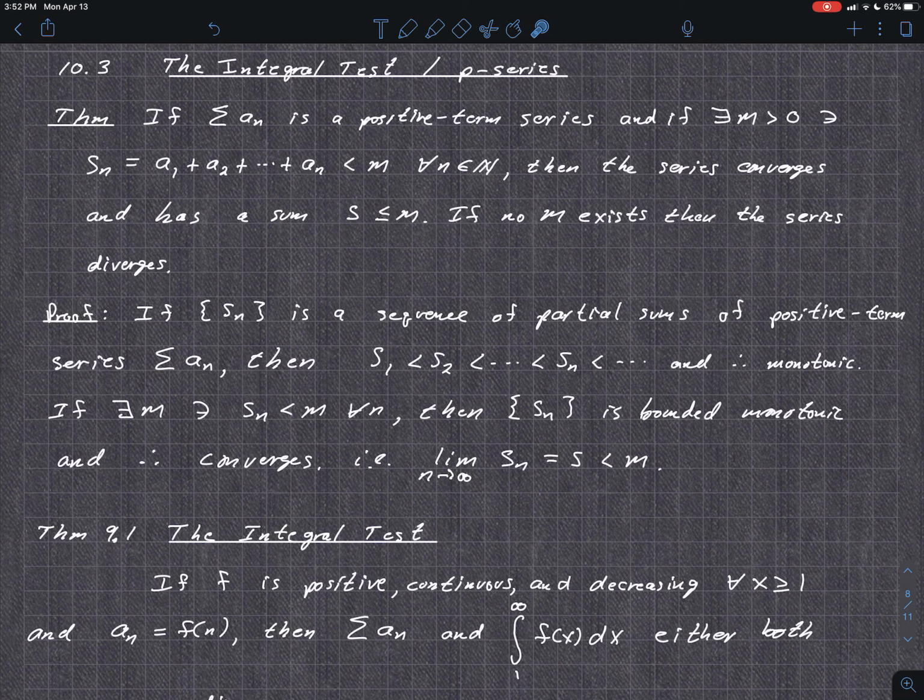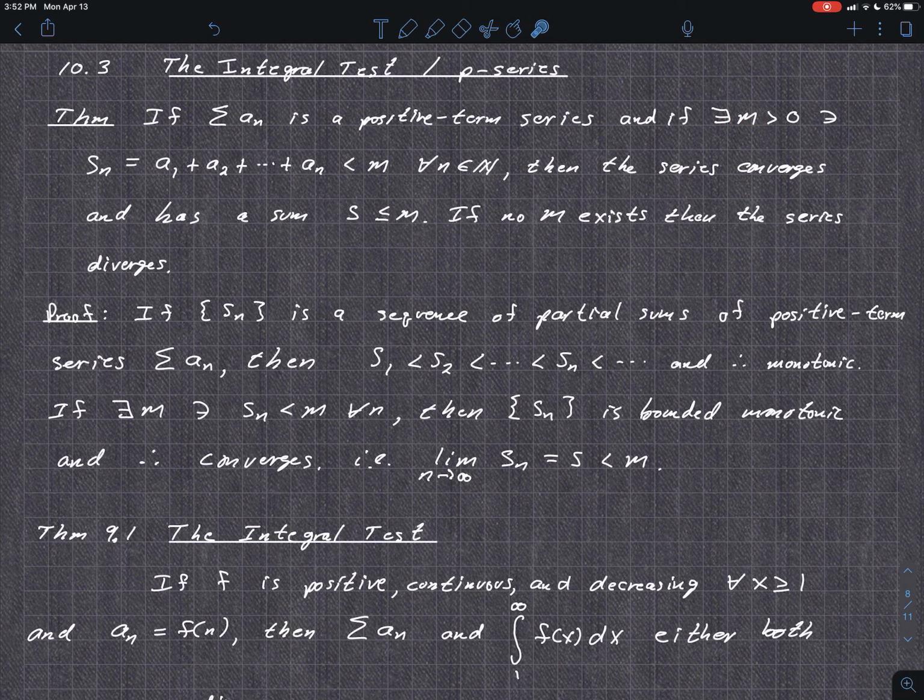Remember, if you leave off the indices like that, then it's assumed to be infinite. So if the series a sub n is a positive term series, that means every a sub n is greater than 0.